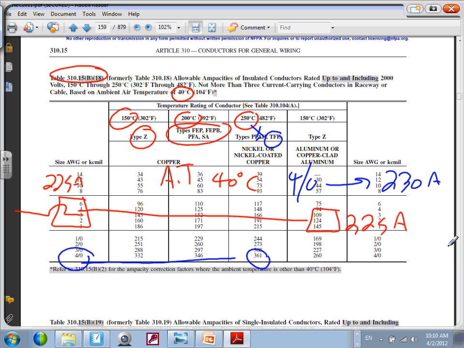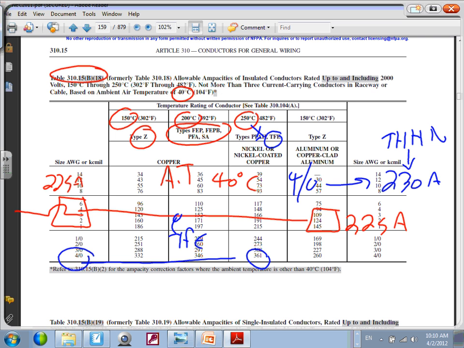I'm going to size. If I use THHN, this is for THHN, and I can get 230 here, no problem, and derate it. But the problem with 230, guys, is I have to do a lot of derating. Or I can go ahead and use number 4-aught, same 4-aught, except instead of THHN, I can use TFE.